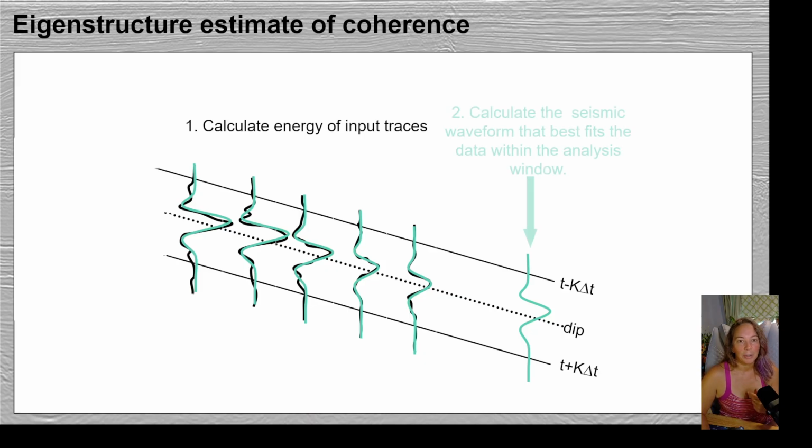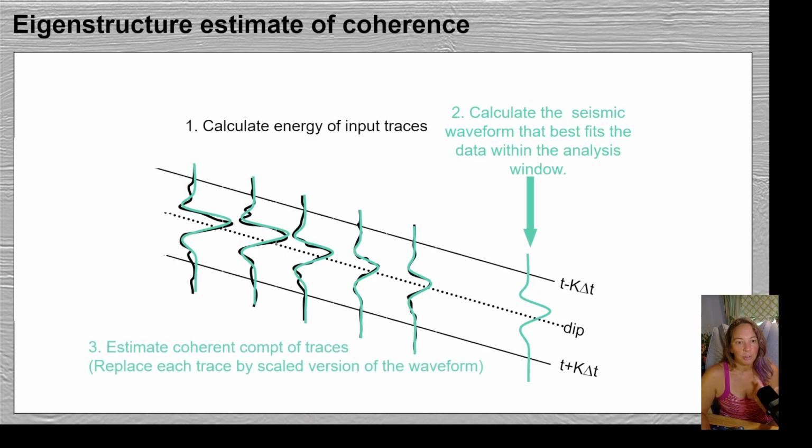Okay. So the eigenstructure estimate of coherence is where you first calculate the energy of your input traces, and then you calculate the seismic waveform that best fits the data within that analysis window, shown here. After that, you replace each trace by the scaled version of the waveform and calculate the energy.